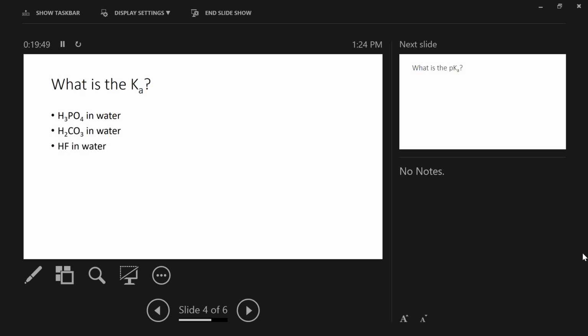So the Ka for this here is going to be the concentration of H3O plus times the concentration of H2PO4 minus divided by the concentration of H3PO4. And so the Ka is equal to the concentration of products that we make multiplied together, divided by the concentration of what we started with.